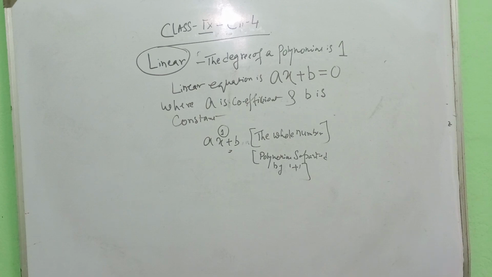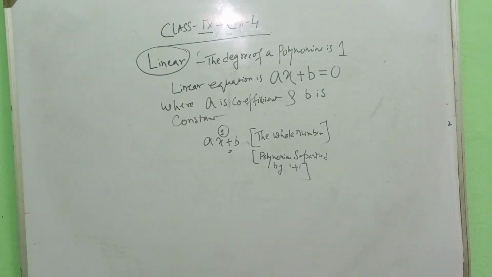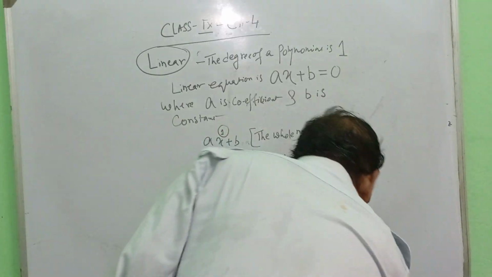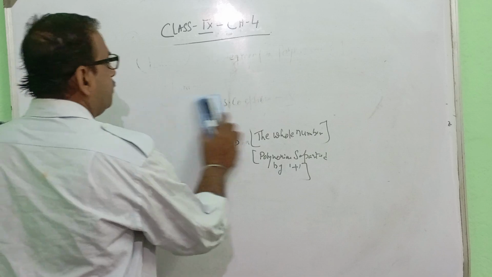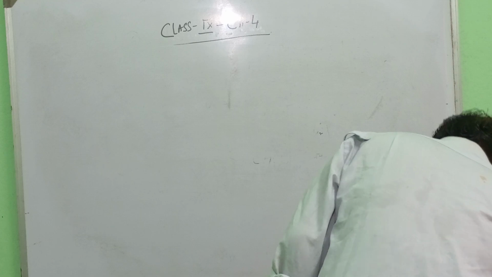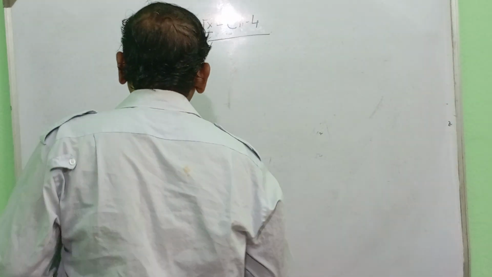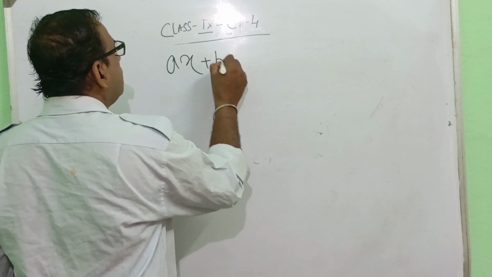Now, the chapter is linear equation with two variables. So now we know that a linear equation is in the form of ax plus b is equal to 0.